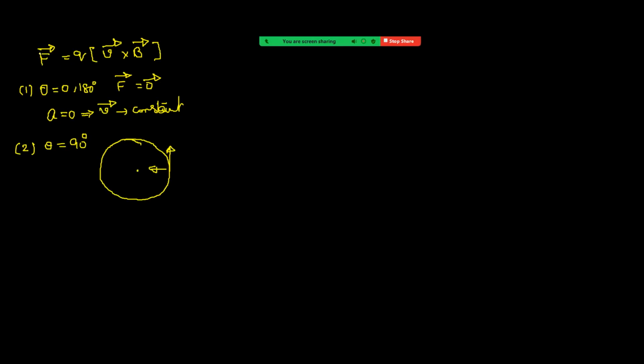F bar is always normal to velocity vector. Okay, between those two, always angle is 90. That means theta is 90. It will be uniform circular motion.